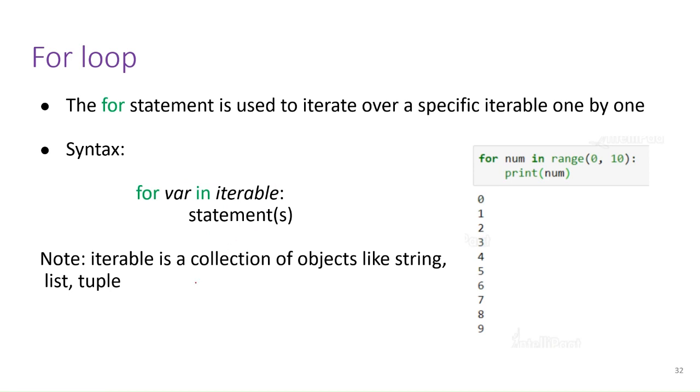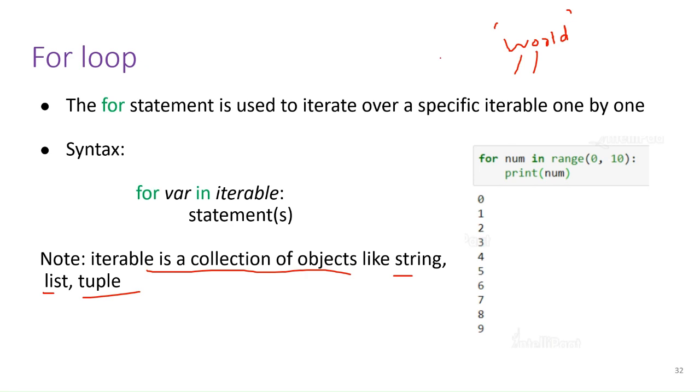Iterable means collection of objects like string, list, tuple. World is an iterable, it's a string. Iterable means we can take items one by one. First you can take w, then o, then r, then l, d.